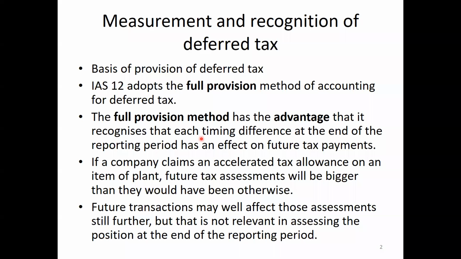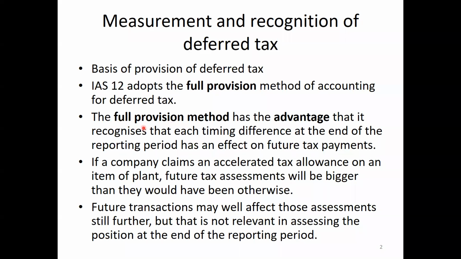It may be 31st March 2021 or 31st December 2021, or whatever. The timing differences impact future tax payment. So due to the differences, we make provision for deferred tax.